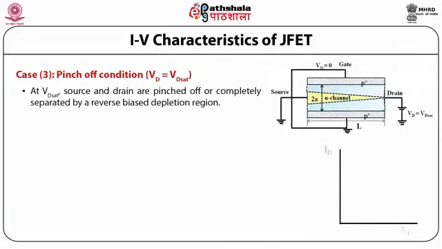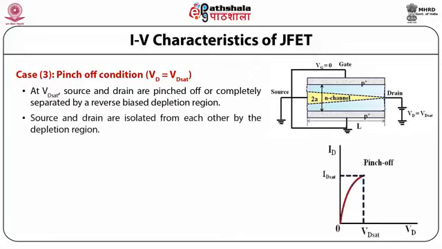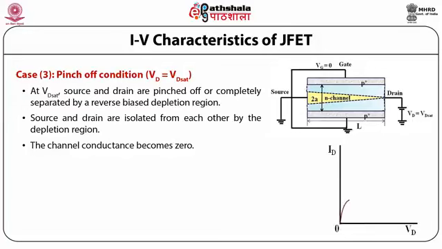At Vd saturation, source and drain are pinched off, or completely separated by a reverse biased depletion region. Source and drain are isolated from each other by the depletion region, and the channel conductance becomes zero.